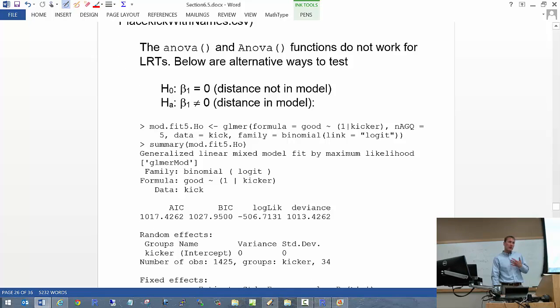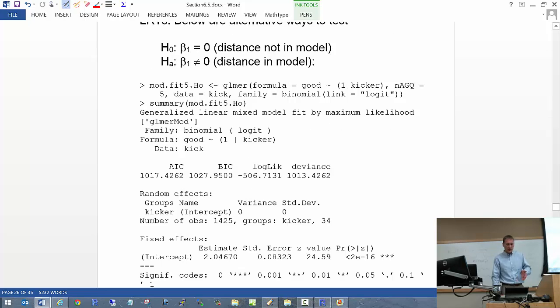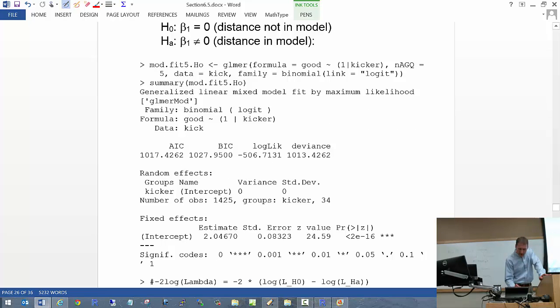So instead, we're going to use some other mechanisms to get our test statistic and p-values. Again, I'm going to estimate my model of interest, but now under the null hypothesis, where my null hypothesis is distance is not in the model. Notice for the formula argument here, you do not see distance at all, unlike what we had on Tuesday.